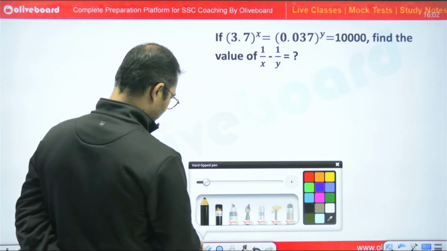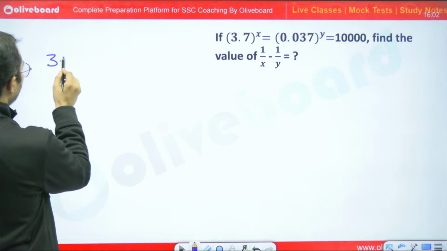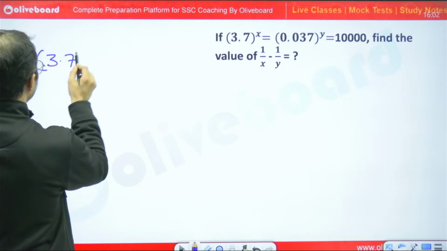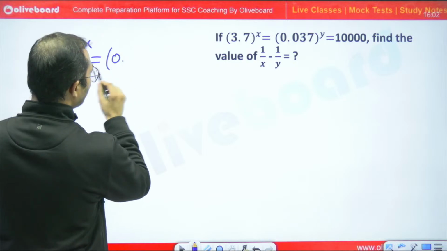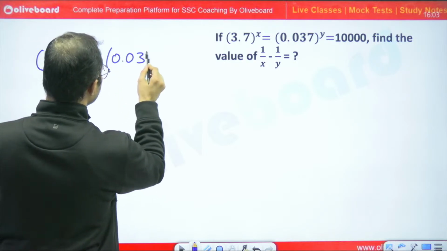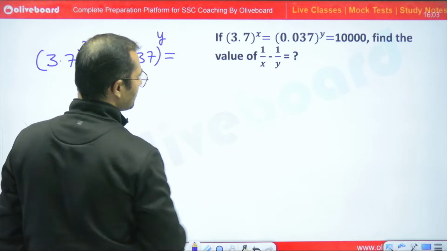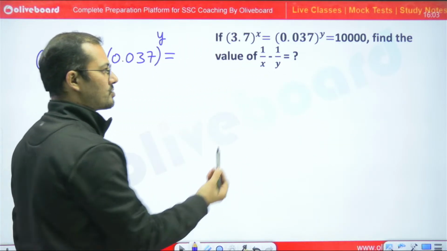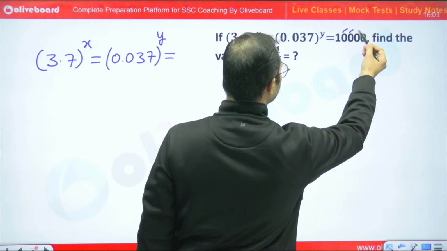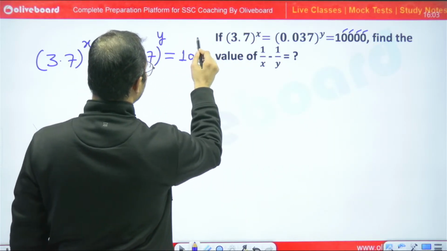See, I can write 3.7 to the power x is equal to 0.037 to the power y is equal to 10,000. How many zeros are there after 1? 1, 2, 3, 4. So we can write it as 10 to the power 4.